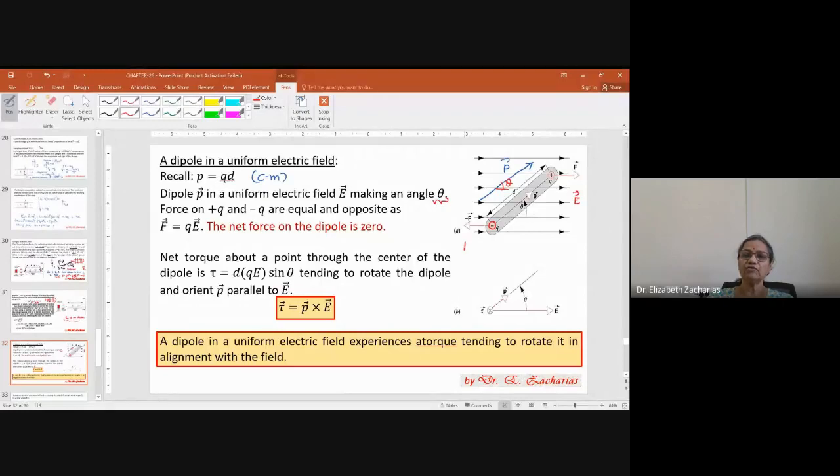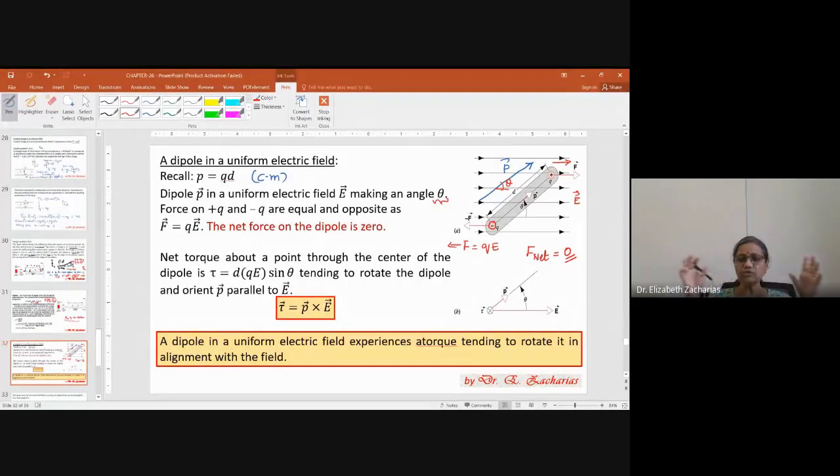It will experience a force opposite to the field direction, F is equal to Q into E. Similarly, the positive charge will experience a force F is equal to Q into E parallel to the field direction because it is positive. And you will find that these two forces are equal and opposite. Therefore, you come to the conclusion that the net force acting on a dipole is 0.